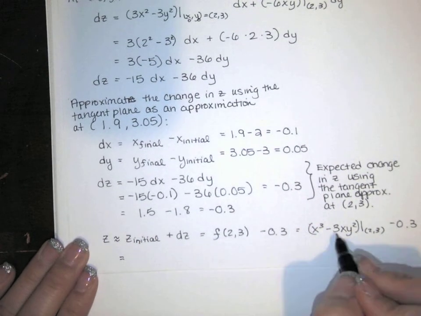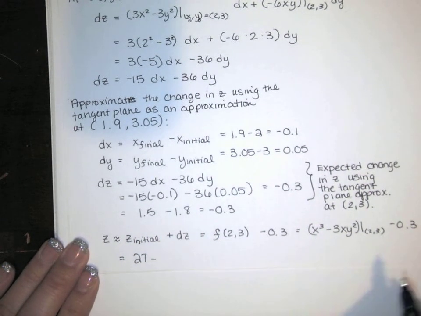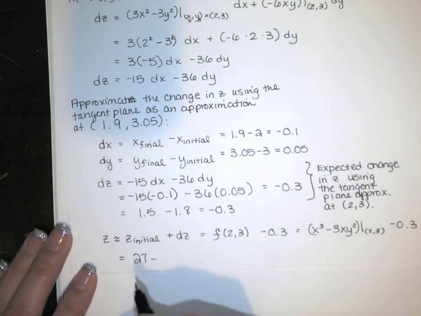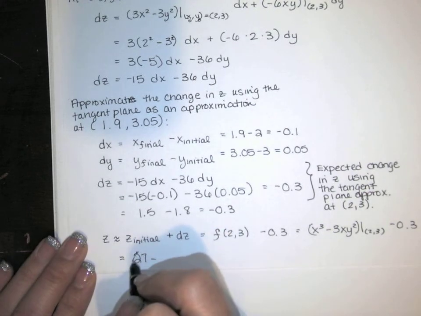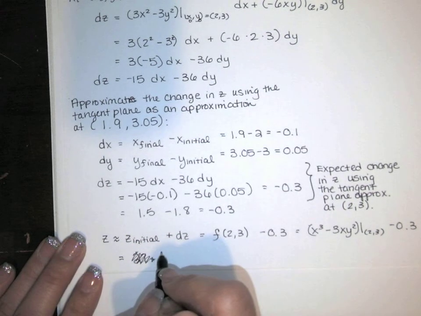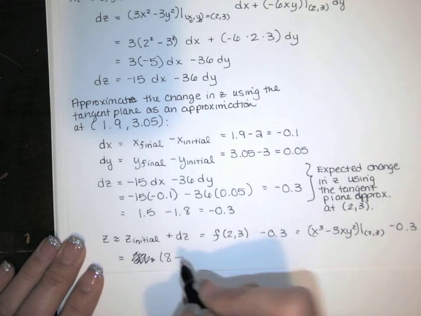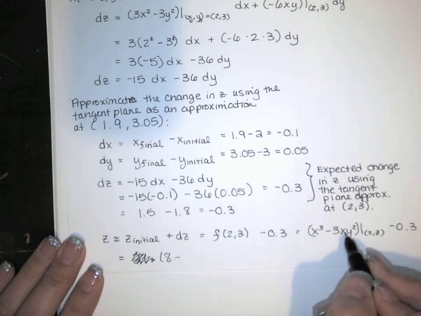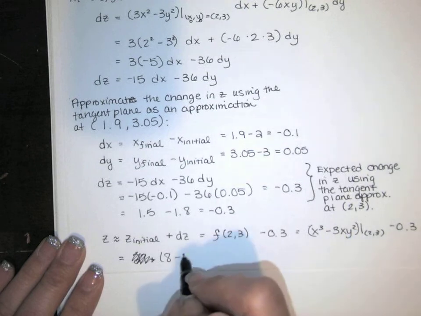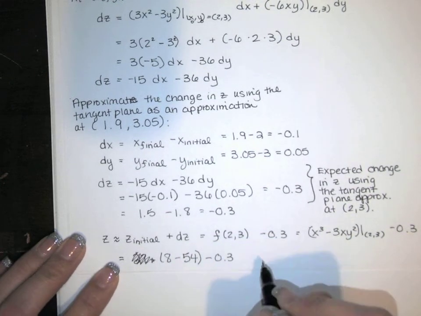So I've got x cubed, that's 27, minus 3 times, oh gosh, I plugged in the y value for x. That's wrong. So I've got x cubed, that's 8, minus 3 times x. 3 times 2 is 6, so I'm subtracting 6 times 9, that's 54, minus 0.3.